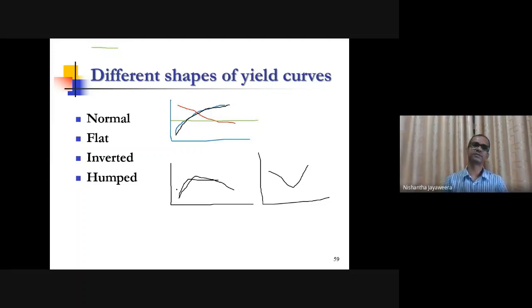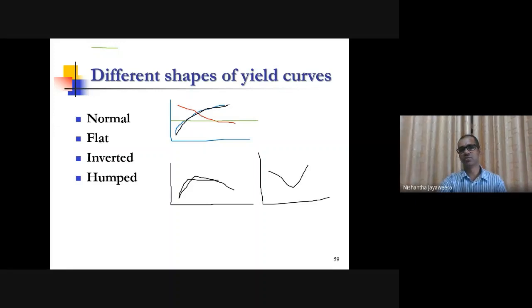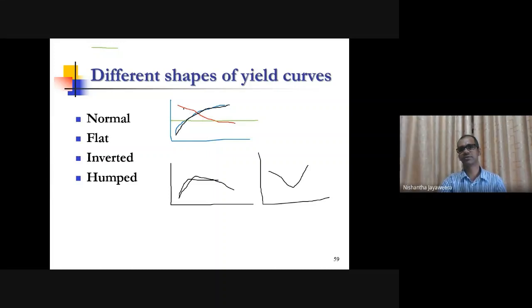The market expects future interest rates to increase. Then we will see a normal yield curve. In the inverted one, that means something like this. What do you expect then?